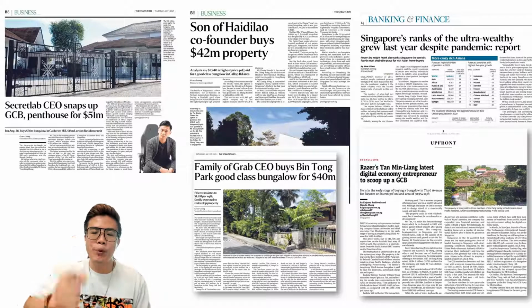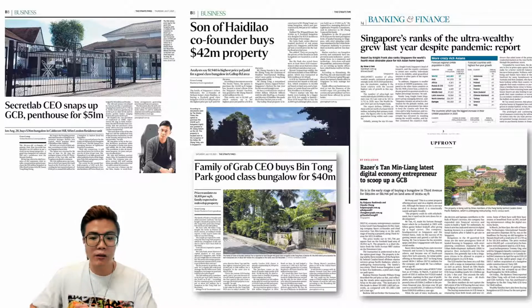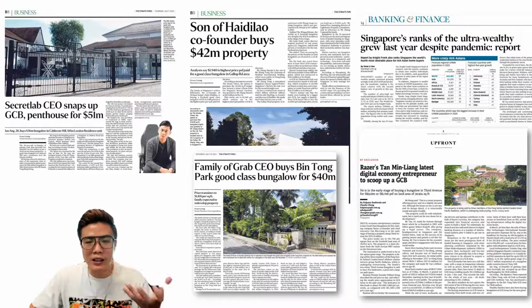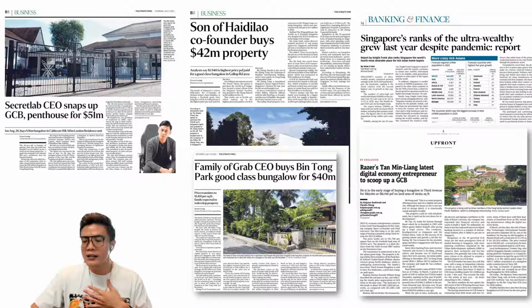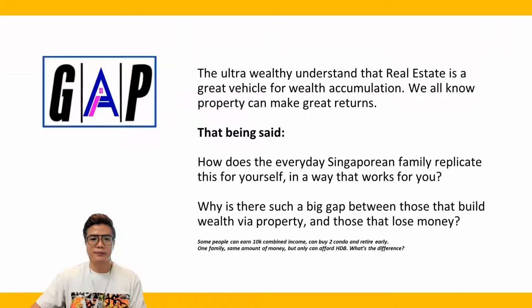That is where they put their money where their mouth is. This is very assuring because as these high net worth CEOs and individuals continue to trust in Singapore real estate, for me, this gives me a lot of confidence as well.